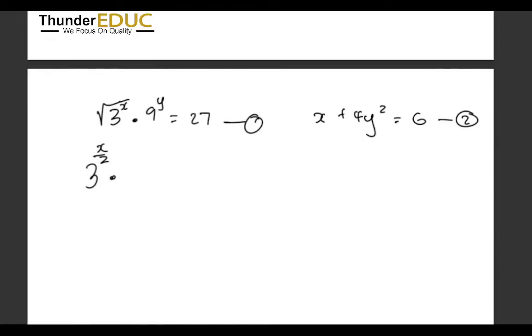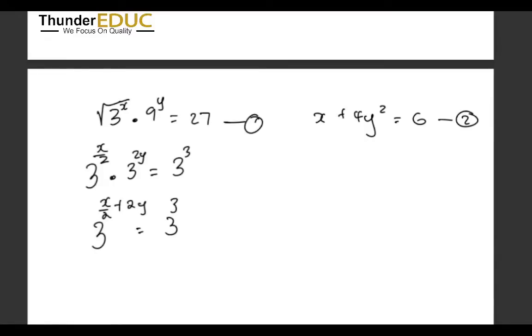I'm multiplying by, let me change the 9 to a base of 3, that's 3 squared, to the y, is equal to, let's change this to 3 cubed. These are products, and we know from the laws of exponents that when you're multiplying numbers with the same bases, we must add up the exponents. So it's going to be 3x over 2 plus 2y.